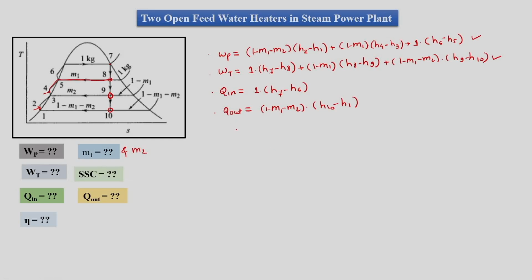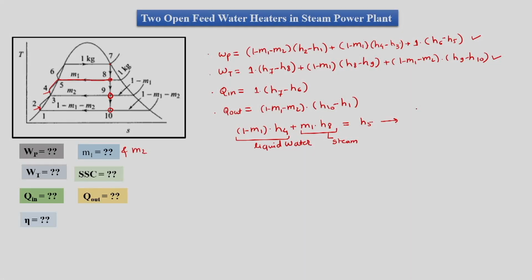Here we have to write the mass 1 minus m1 at enthalpy H4, which is the mass of liquid water, mixes with m1 mass at enthalpy H8, which is for steam, and then we get the resultant 1 kg of mass at H5.